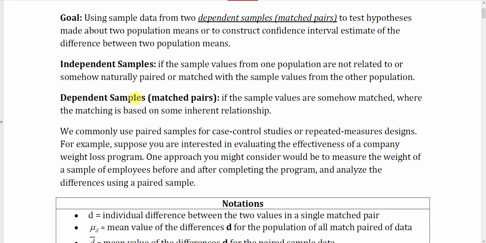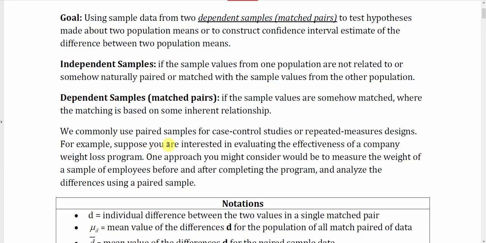However, for dependent samples or matched pairs, if the sample values are somehow matched, then the value you pick for the other sample has to depend on the first sample you picked. We normally use paired samples for case control studies, or if you want to repeat the measurements of something.